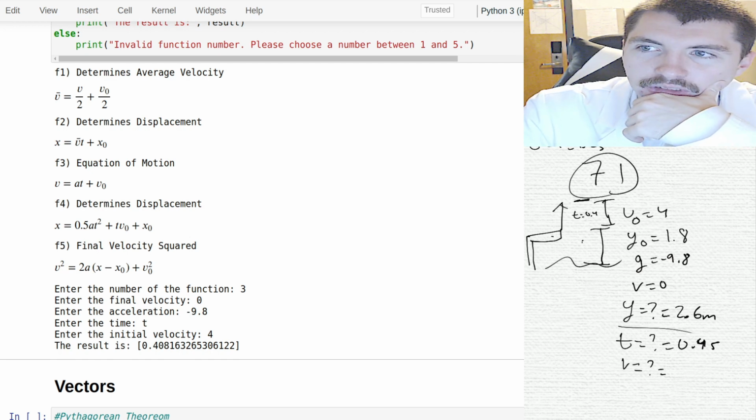So what we really need is, so we found the displacement, so we know this is 2.6, right?